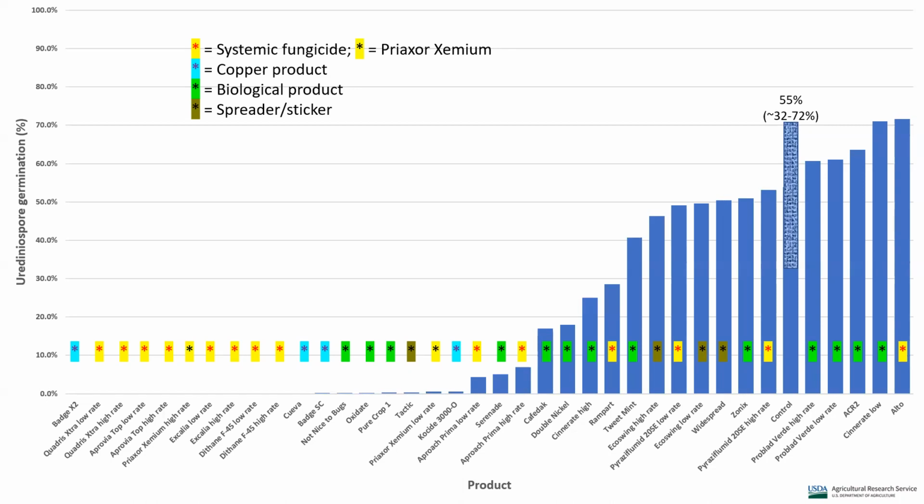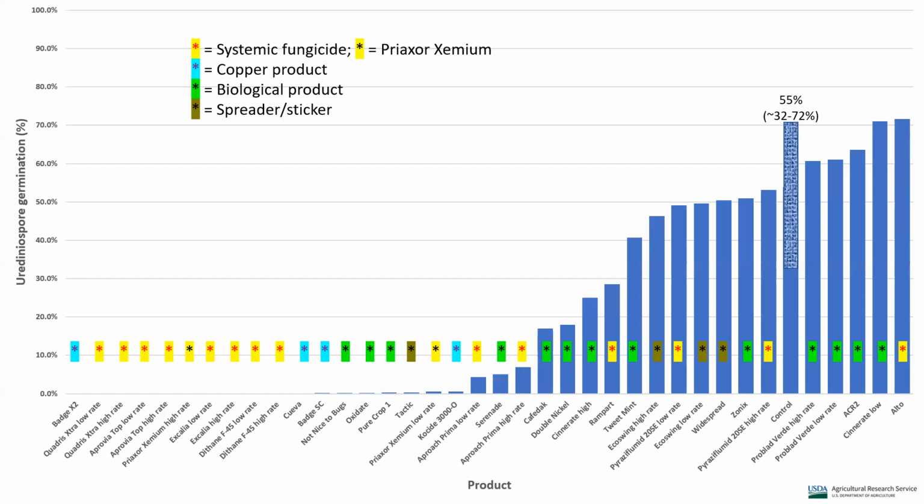Now, overall, with the number of tests we've done, if you combine all samples from all areas that we've collected spores from throughout the calendar year, the average rate is 55% germination for the samples, but it does range from as low as 32% to as high as 72%.